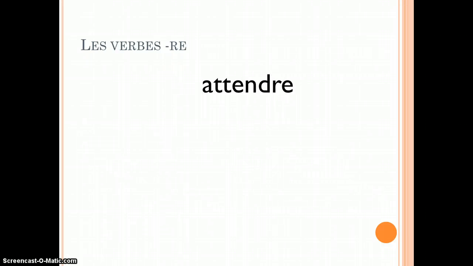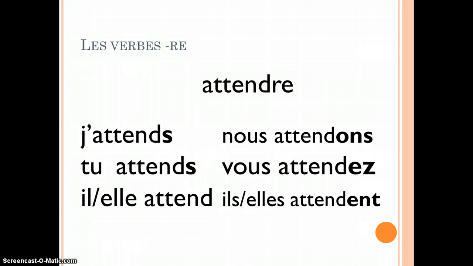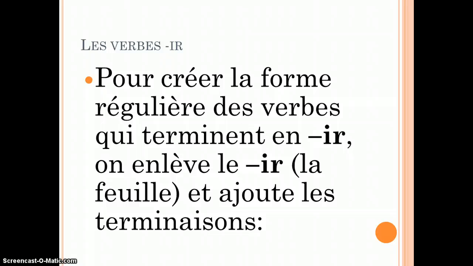Pour les verbes RE, les terminaisons sont S, S, rien, ONS, EZ, ENT. Mais pour créer la forme régulière des verbes qui terminent en IR, on enlève le IR, la feuille, et ajoute les terminaisons suivantes.